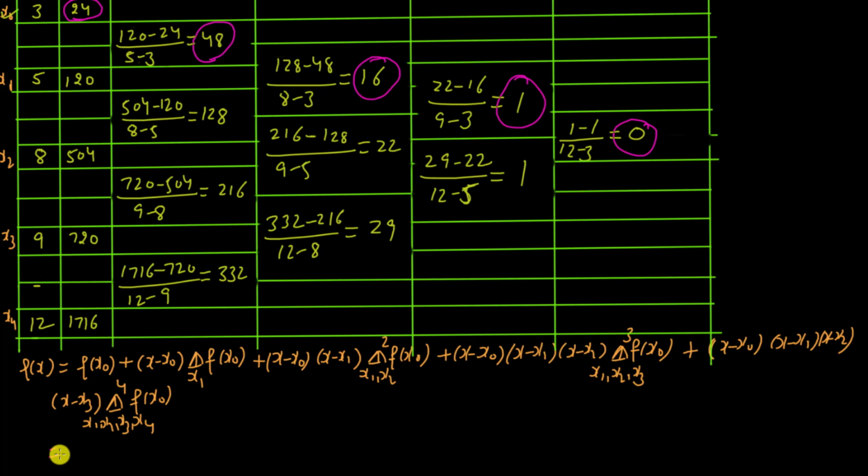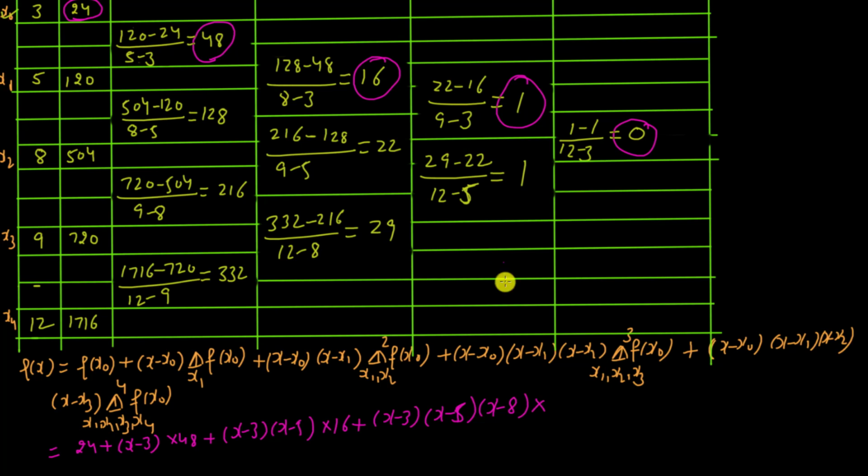We'll get f of x naught is 24 plus x minus x naught, that is 3, 48 plus x minus 3, x minus 5, and this will be 16, x minus 3, x minus 5, x minus 8.